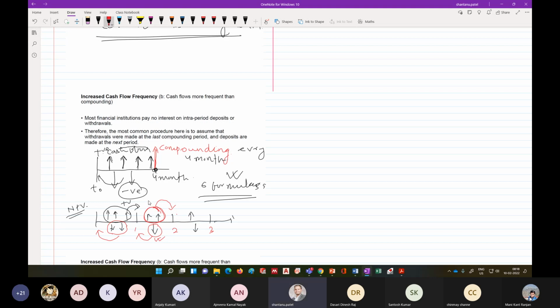So let's say we got some 110 crore rupees here as a positive. When we are putting it here, the present value of this money will be more if I put it here compared to putting it here, right? Is this clear?